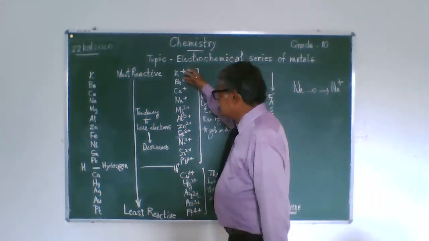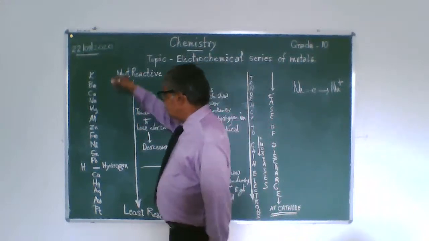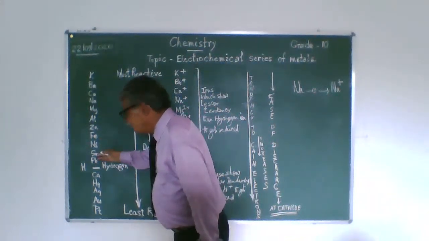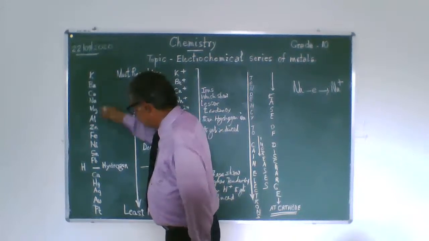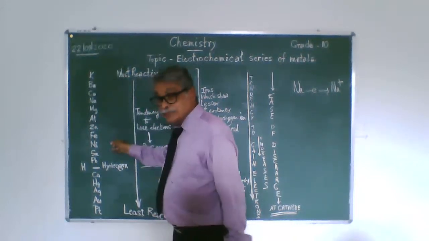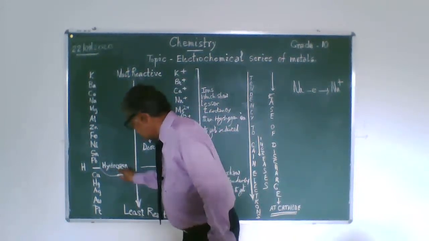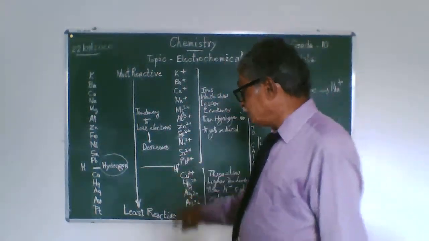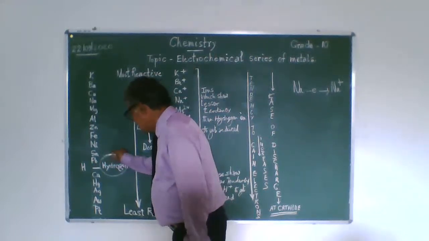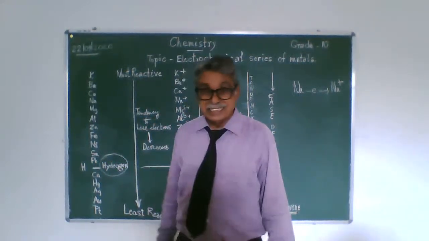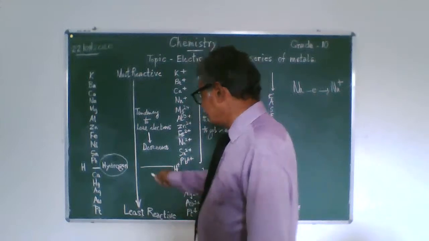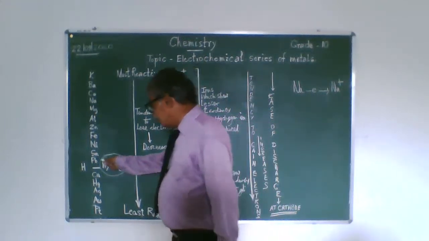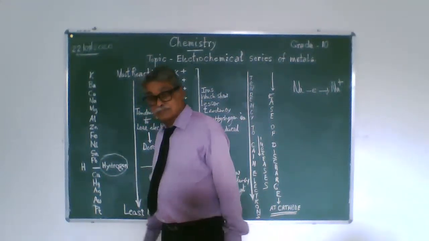So you can easily see one thing from this. The metals up to lead, potassium to lead, all these can displace hydrogen from acids. Hydrogen also has found a place in between. Can you see that? A non-metal, hydrogen, has also found a place in between here, after lead, before copper.